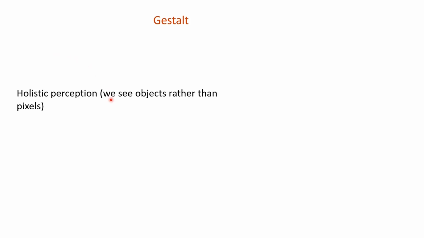Rather than viewing individual pixels in a visual image, we tend to see objects that are familiar to us. This is also described in psychology literature as the idea of Gestalt, which basically refers to the idea that an organized whole can be more than the sum of its parts. What we perceive finally can be very different from what is happening at the level of individual receptors.